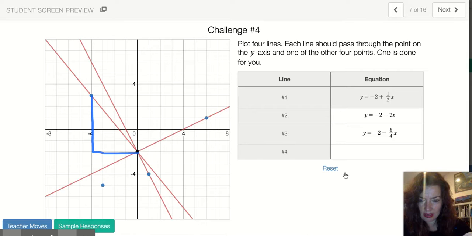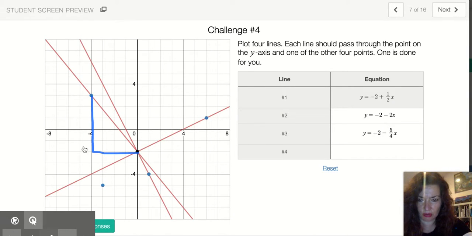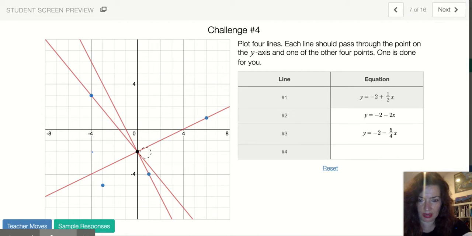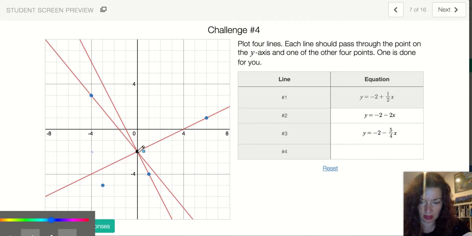So it has gone through that point. And the last one that we need to do is the one below. So let's go ahead, and we want it to go through the -2. So let's count the slope from here. So we're going to go down 1, 2, 3, down 3, and we're going to go left 1, 2, 3.